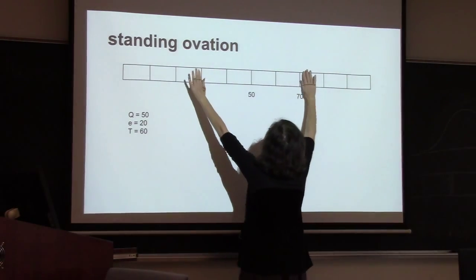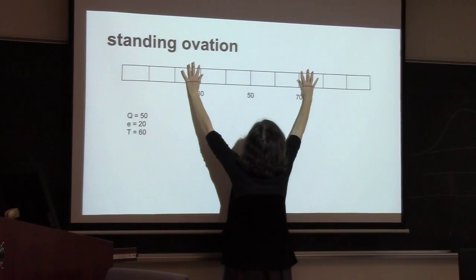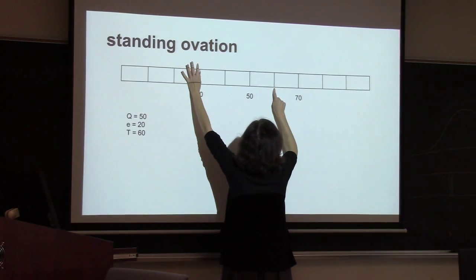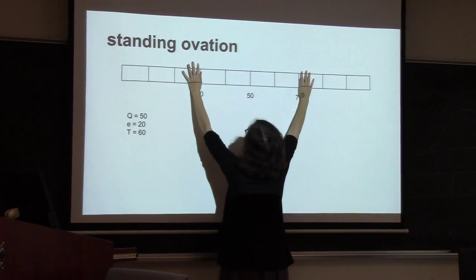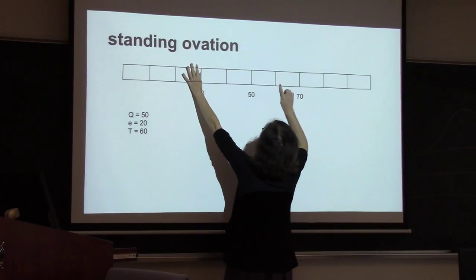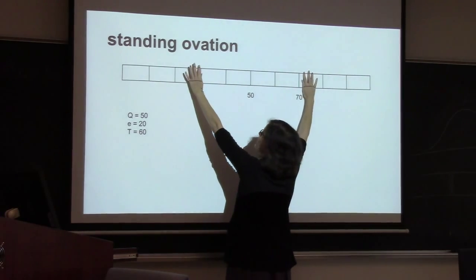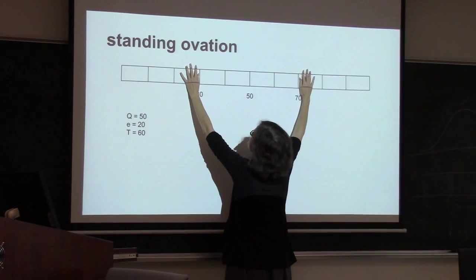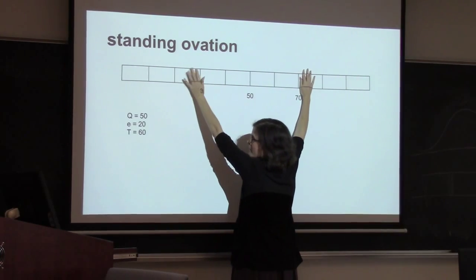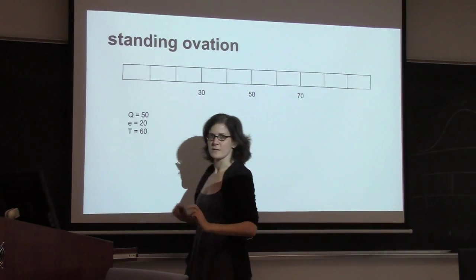Everyone sees it between here, uniformly distributed. Everybody who sees it above the 60 stands. What percentage of the audience are these people? 25. Yeah, one quarter.